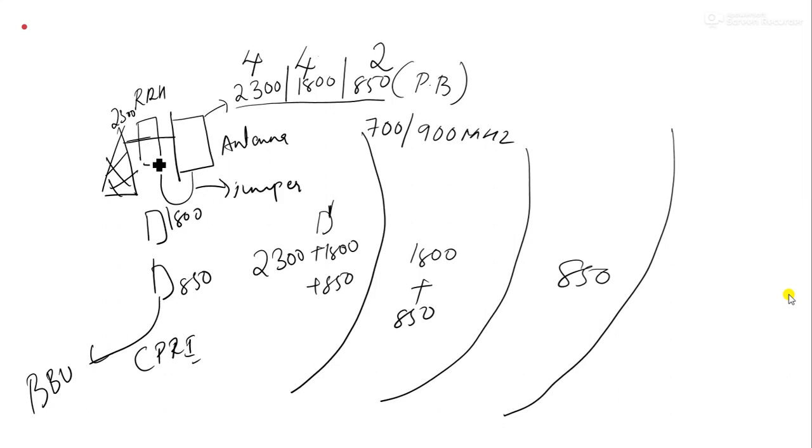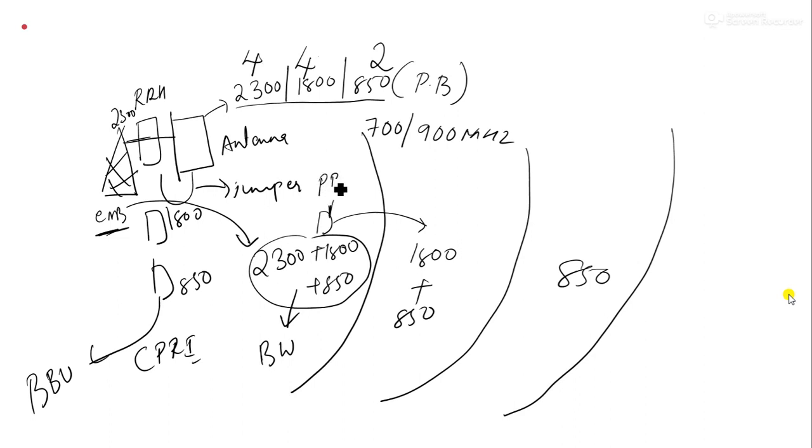The eNodeB will tell the UE that there are three bands available, but which band to latch on to will be told by the eNodeB itself. The mobile will be aware that there are three bands available, and what bandwidth it supports, through a channel called PBCH.